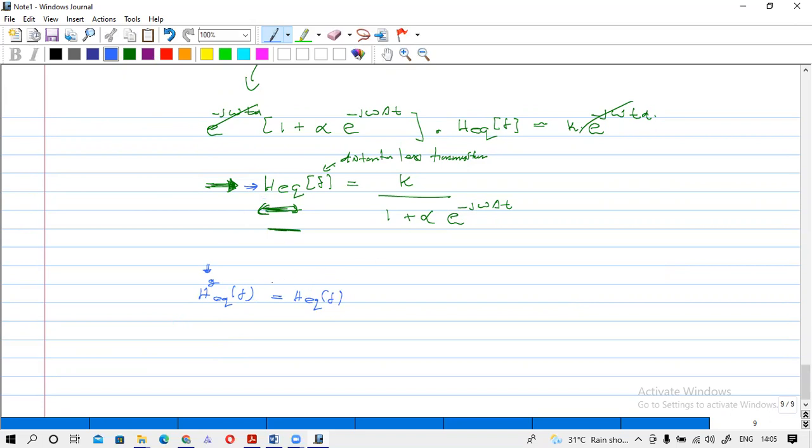So what we have to do is evaluate the coefficients A0, A1 up to AN for distortionless transmission. If we equate our general transfer function to this transfer function and evaluate these coefficients, we will have the coefficients for distortionless transmission. So that is the concept here.